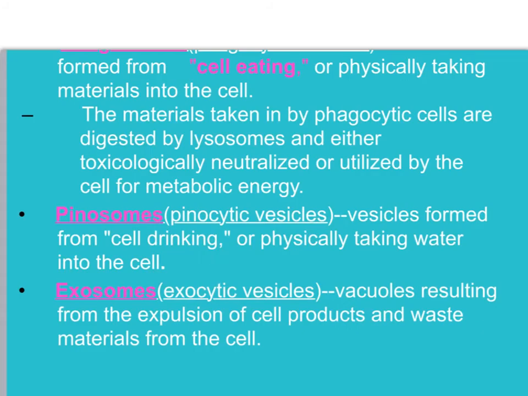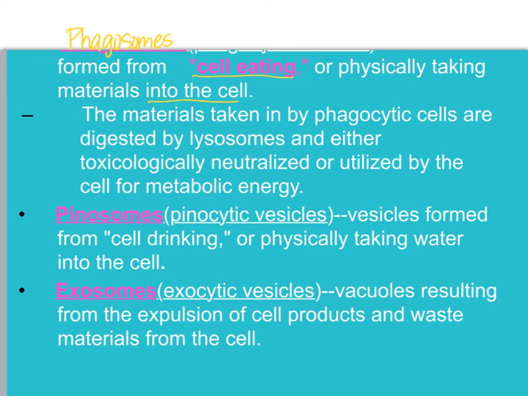So that brings us to phagosomes. This is another type of vesicle, and you can think of phago as eating. So this is cell eating, or taking large things into the cell.